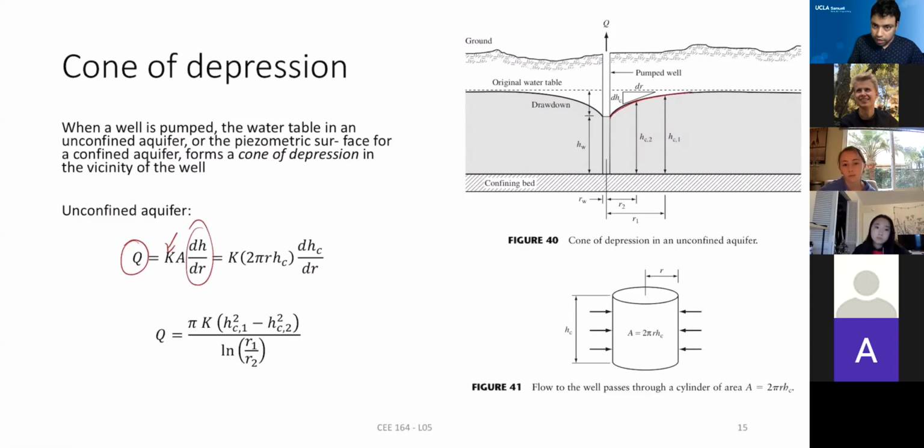If you start pumping water, the groundwater level will drop down. So the head will vary as you go farther and farther. Mostly the head is the lowest at the well, then it increases as you go further.